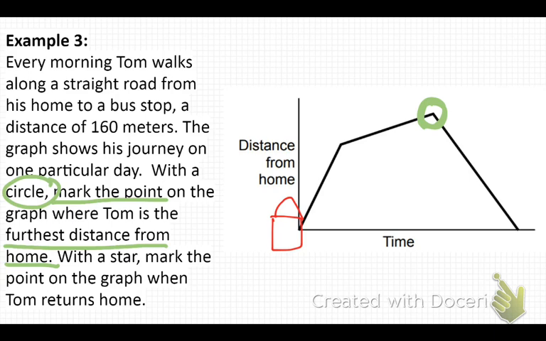Where does the star go now? Okay, so that is not the farthest point. Please listen. I think you're confused. The farthest point from home, distance, is measured vertically. When he returns home, he is 0 distance away from his home. He goes right back to the starting point, but time has passed, okay?